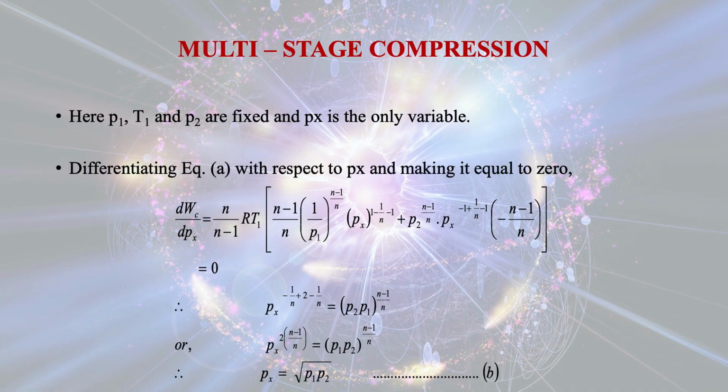After calculating dWc by dPx and putting it equal to 0 for the minimum work condition, and after some algebra, you will find the intermediate pressure Px for minimum work done is equal to the square root of P1 multiplied by P2.